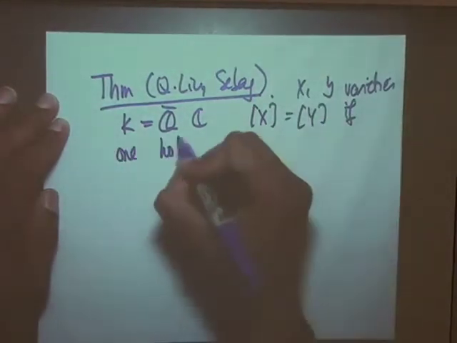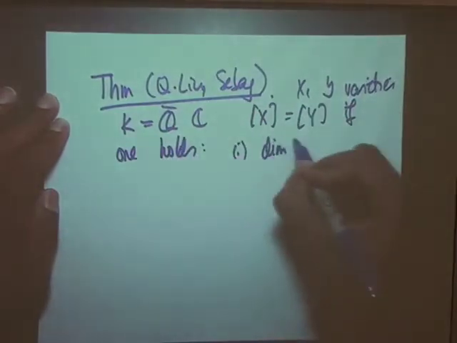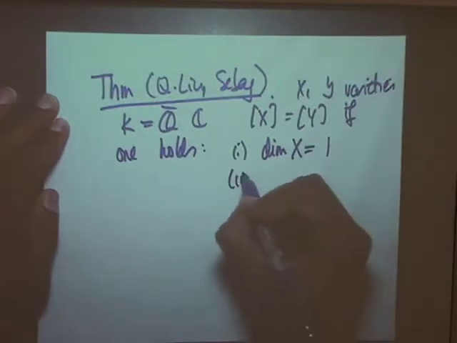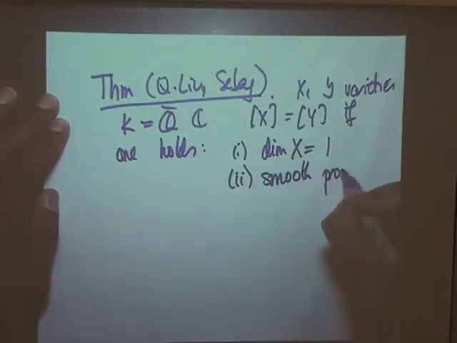Not only if, if one of the following holds. One is that in the case of curves, that's true, that's fairly cheap. The second one is the case of a smooth projective surface, or smooth proper surface, they're the same.